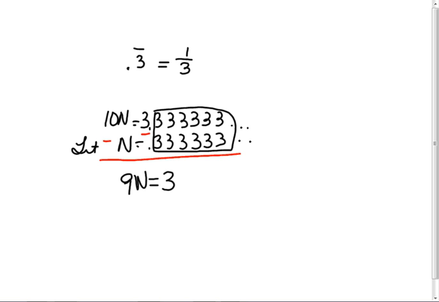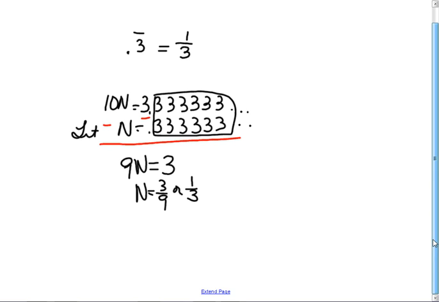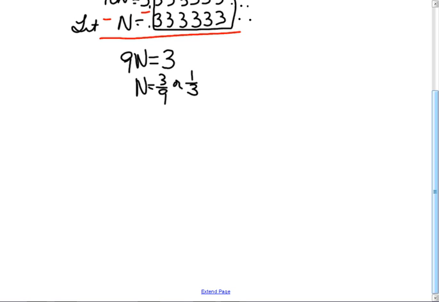And you divide by 9, you get n equals 3/9 or 1/3. Okay, that's the easy way to do this. We're going to write this as a geometric series to show it's 1/3. Now I haven't practiced the other one either, so I don't know what I'm talking about. Okay, so example. Write this as a geometric series.